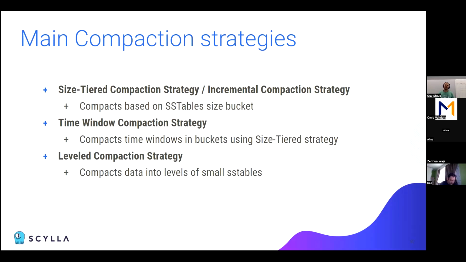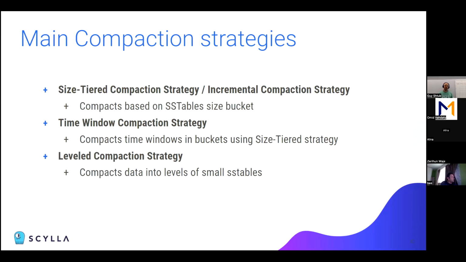That's probably the right strategy for you in 90-something% of the cases. It compacts based on an SS table size bucket. Time window compaction strategy compacts time windows in buckets, and that's usually valid when we have data that expires, so it has a TTL or a time to live. And finally, we have leveled compaction strategy, which compacts data into levels.